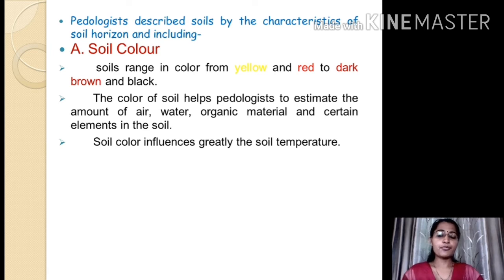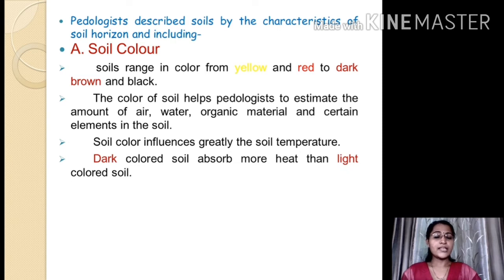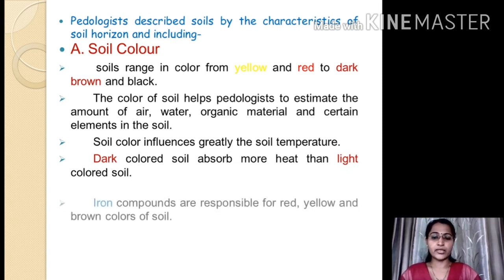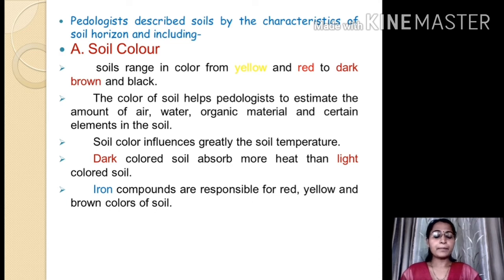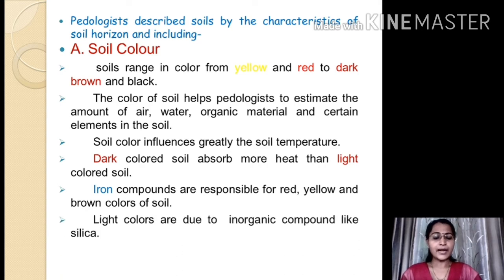Soil color greatly influences the soil temperature. As we know, dark colored soil absorbs more heat than light colored soil. Iron compounds are also responsible for red, yellow and brown colors of the soil. The light color of soil is due to the presence of inorganic compounds like silica.